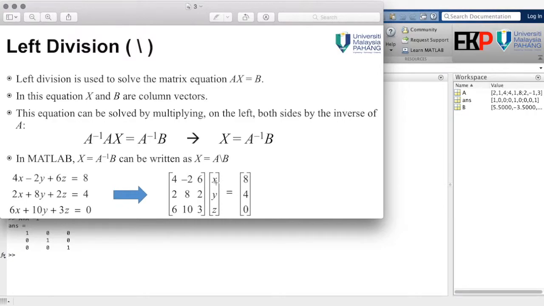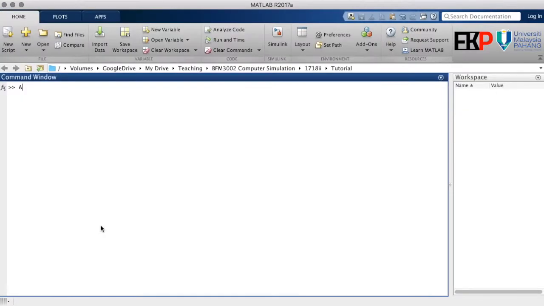So to solve this equation, we can use the left division. So for example here, we define the matrix A, that is our coefficient of the unknowns, and then we define the column vector for the right hand side of the equation. Say we name it B, so it has to be a column vector for left division.